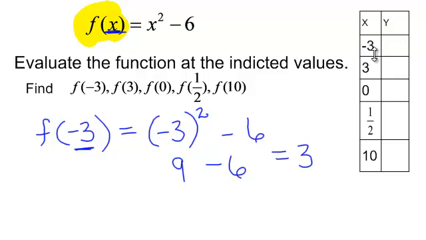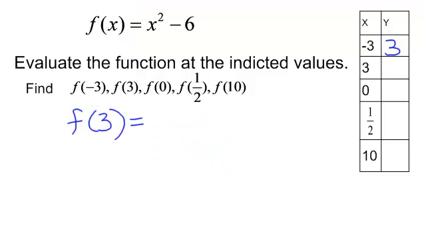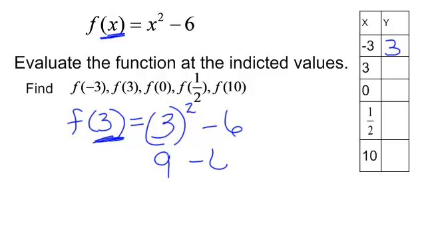So when I plugged in -3 for x, my f at -3, which is just my y, is 3. Let's do another one. F at 3. Wherever I see x, I will now plug in 3. So I will have 3 squared minus 6. 3 squared is 9 minus 6, which is also 3.